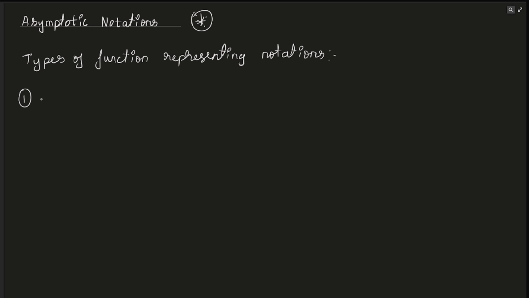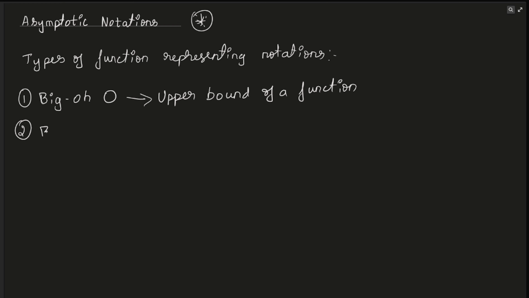The first one is big O, and the symbol is big O and it indicates the upper bound of a function. The second type is big omega, and the symbol is omega.